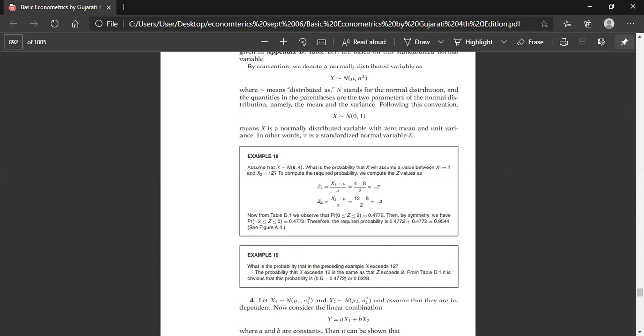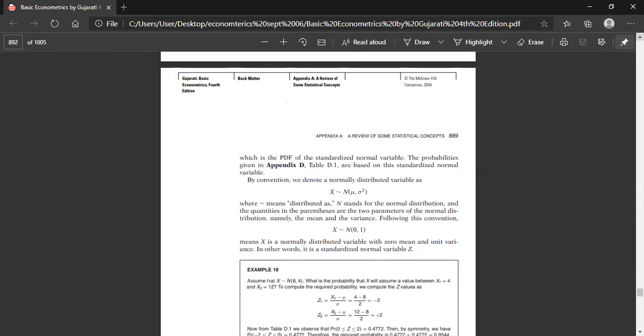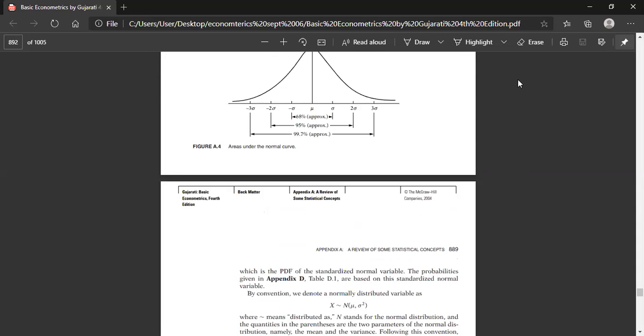What is that area, without even looking at the table? Look at this. 2 sigma and 2 sigma. What is the area? 95%.